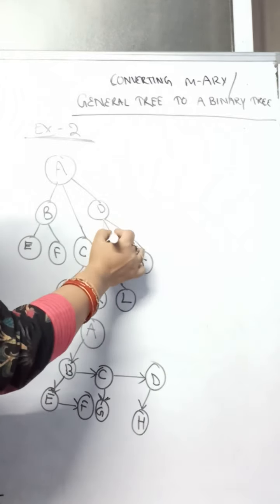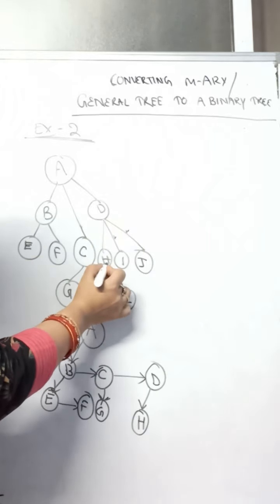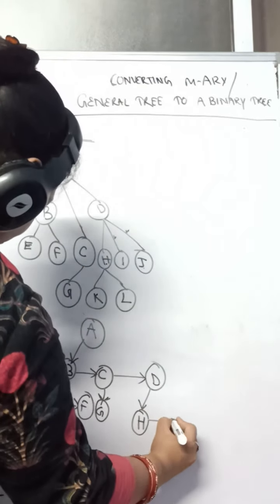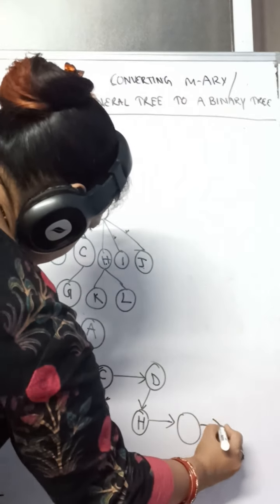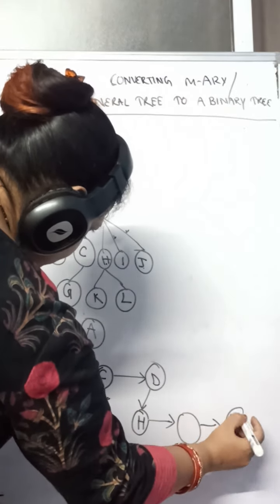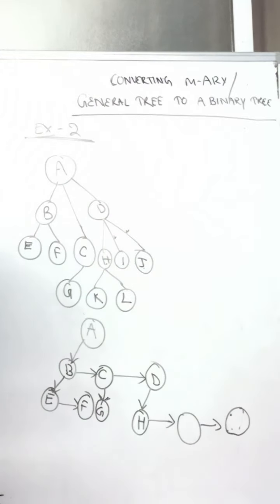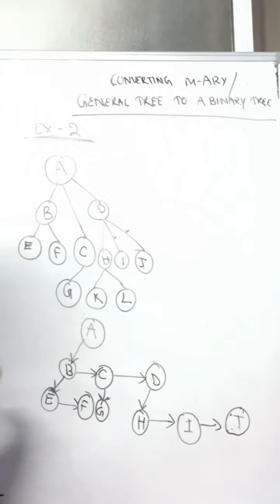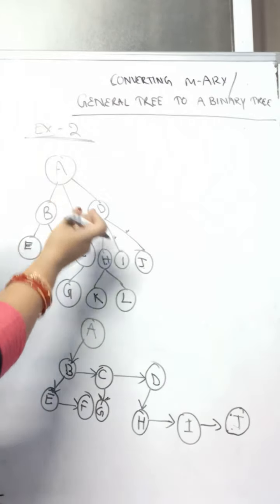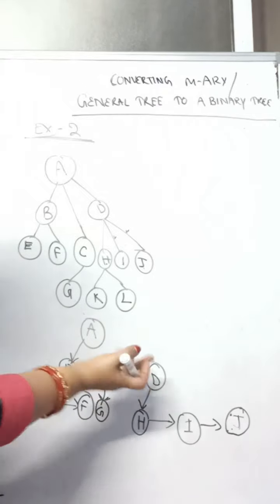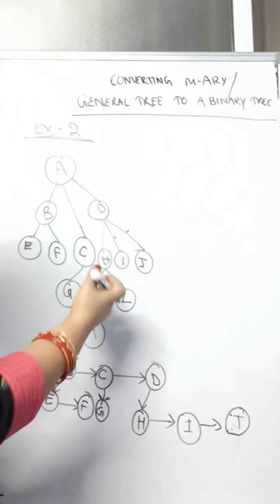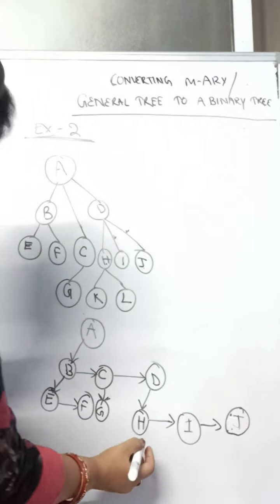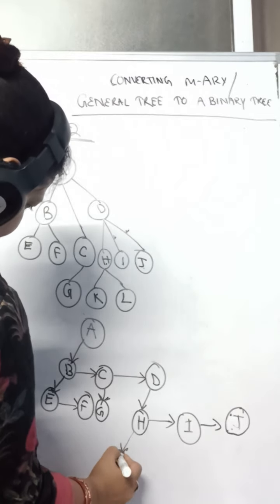Now I have to cut the link. Then I becomes the right child of H and J becomes the right child of I. You have to write I and J. Now I have to keep K and L. So I put A, B, C, D, E, F, G, H, I, J, then K, L. K is the leftmost child of H, so I have to keep it.